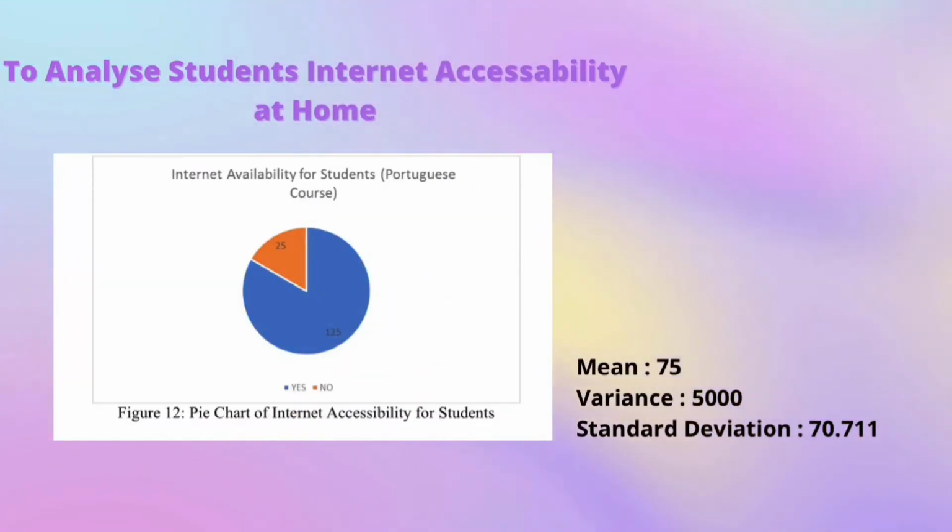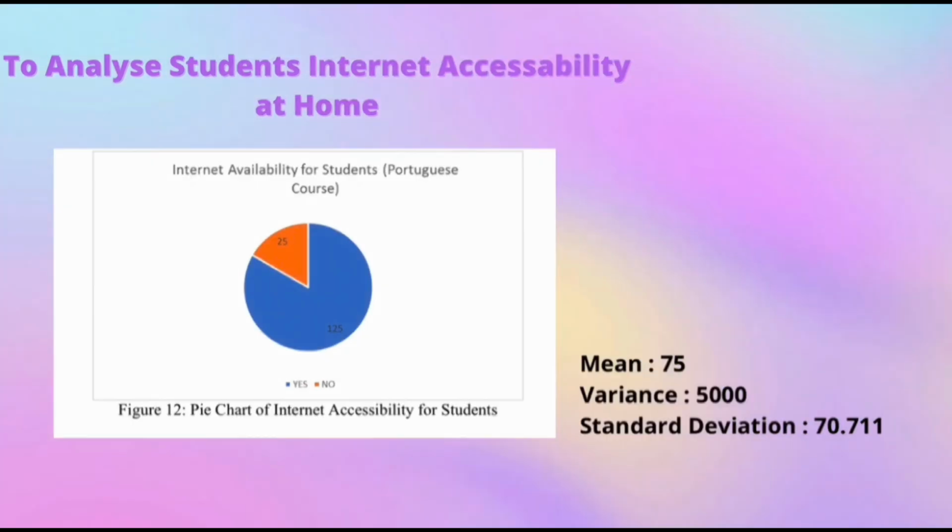From the pie chart, we can see the students' internet accessibility at home, with the majority, 125 students out of 150, having internet availability at home, and 25 of them not having internet at home. This concludes the mean at 75, variance 5000, and standard deviation 70.711.